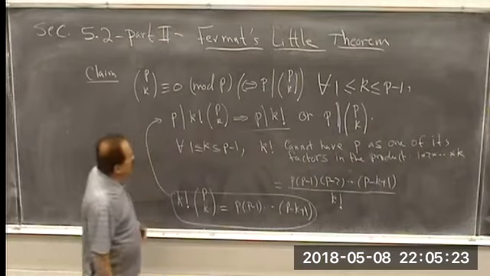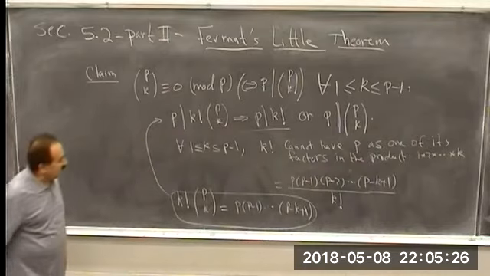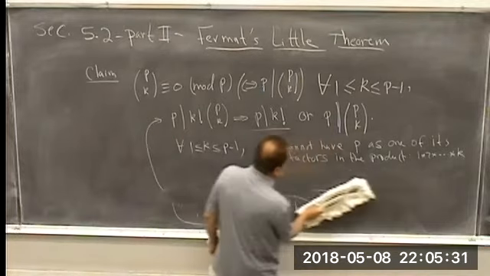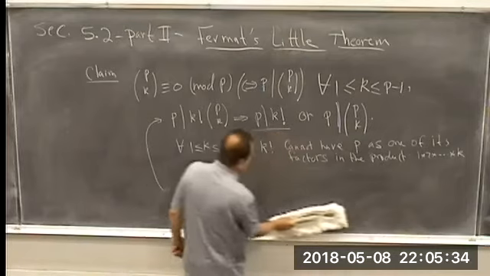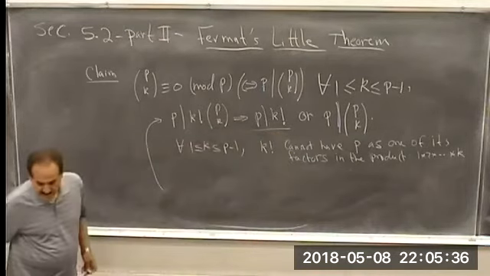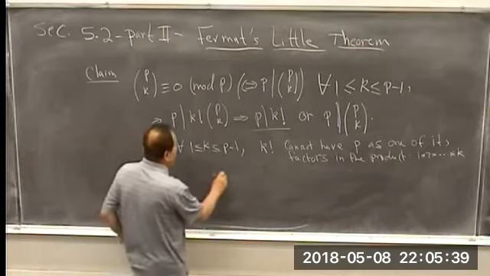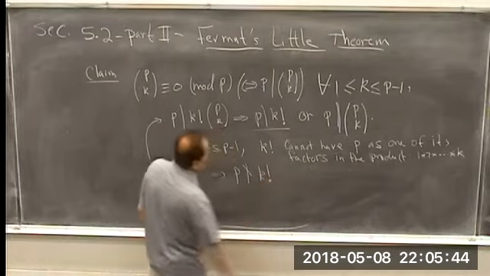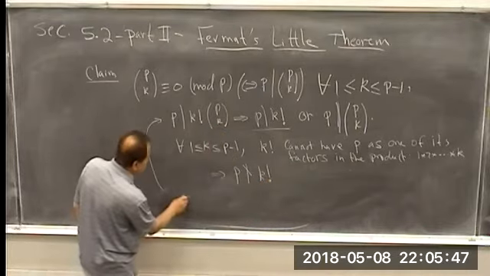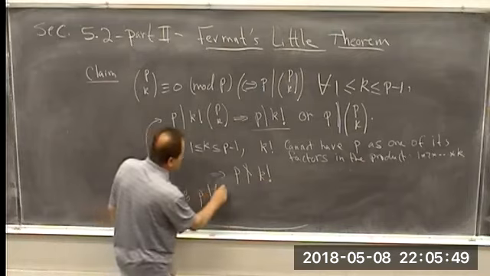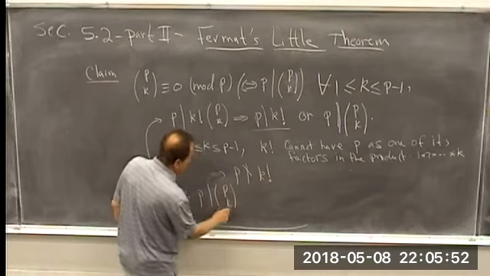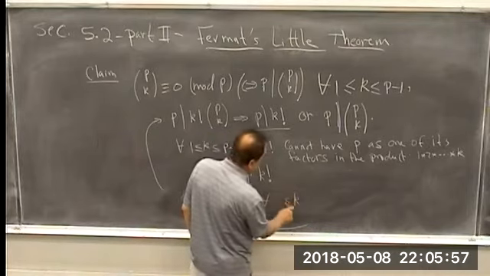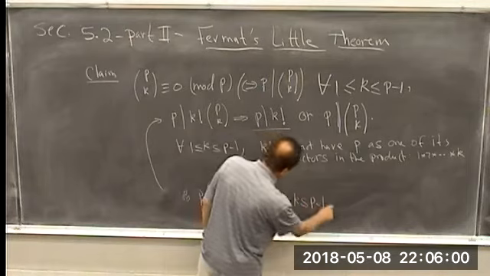So in other words, this means that p cannot divide k factorial, because p is a prime and it's going to be any one of those numbers. And this implies p does not divide k factorial. So therefore, p divides p choose k. And this is true again for every k between 1 and p minus 1.